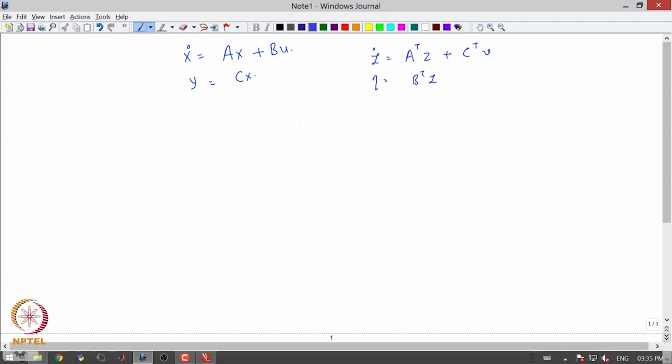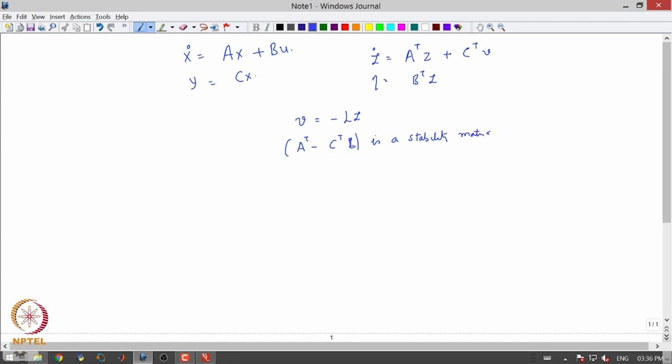So what I want is that A minus LC should be a stability matrix. Here in this case I want to choose v of the form minus L times z such that A transpose minus C transpose L is a stability matrix.